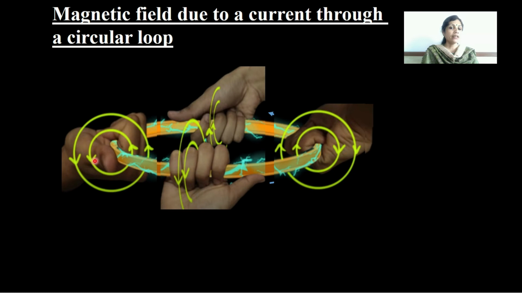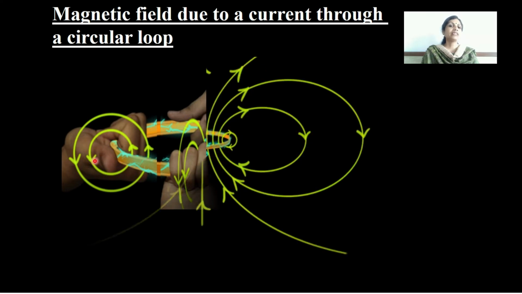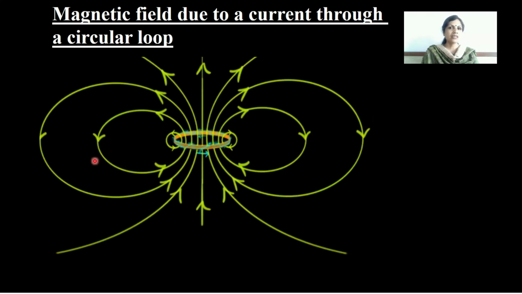We have held the circular loop at 2 more places, and you can see that the magnetic field lines are coming from inside the circular loop and coming out. Now suppose I combine all these magnetic fields and check exactly how it will look. So your answer is this. The magnetic field will look like this around a closed loop or a circular loop.